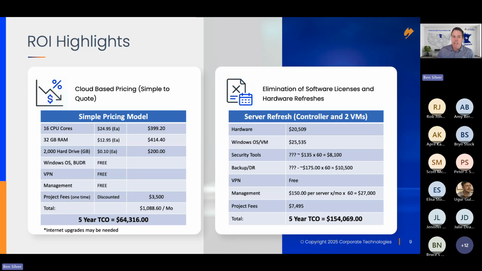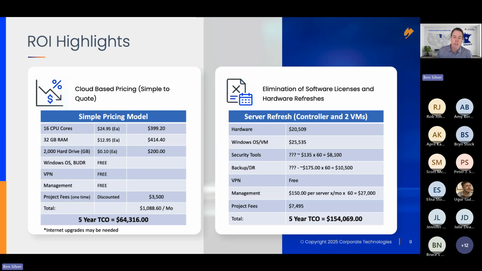Within the next couple of years, they're going to have to do a hardware refresh. And right now at current prices for a server that's got a controller and 2 virtual machines, we're looking at around $20,500. You've got another $25,000 in licensing costs for not only your VM and for your VM hyperscaler, but also your Windows OS, and some of your other licensing that needs to be on there for it to operate.